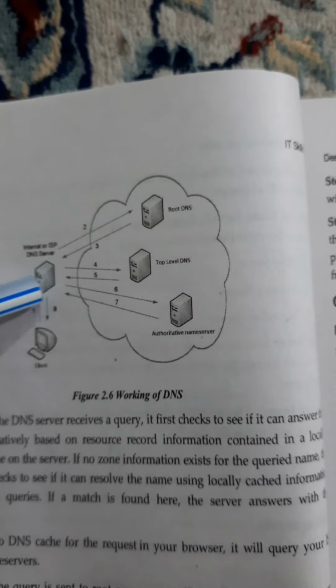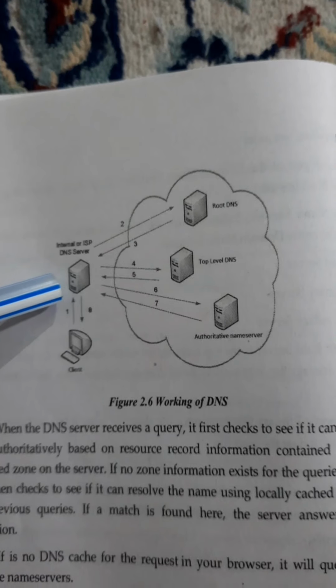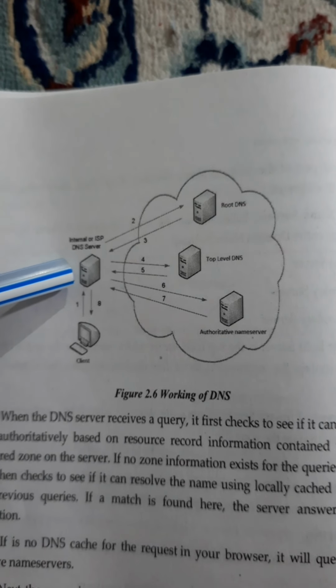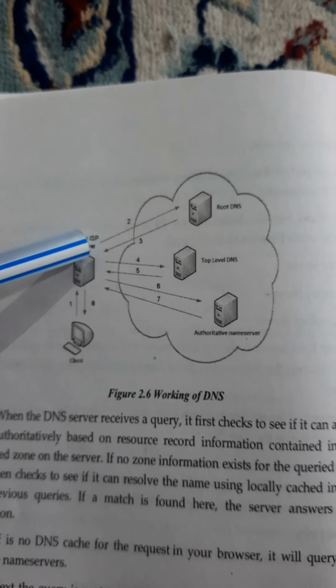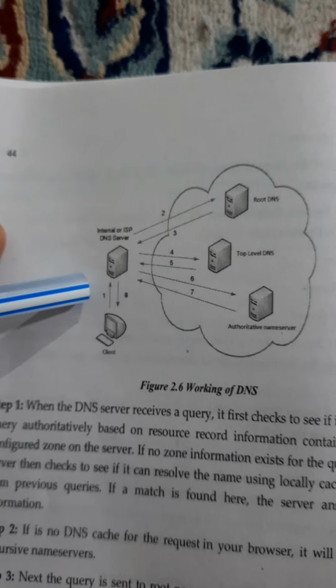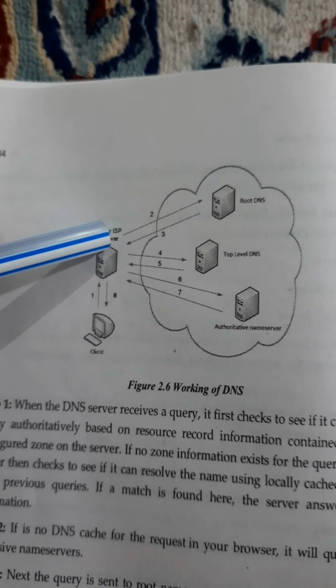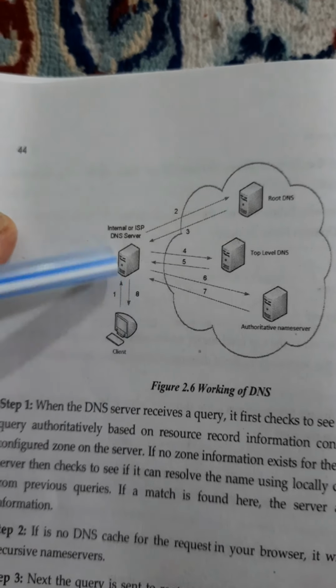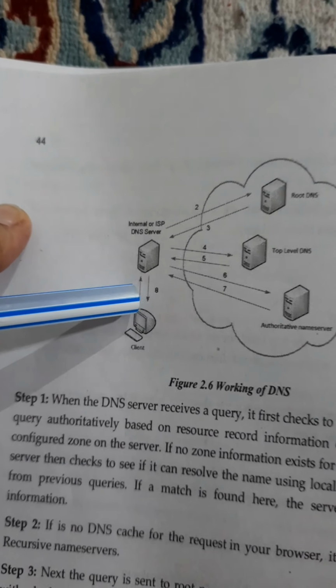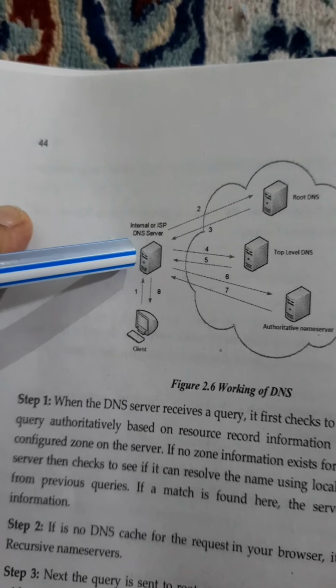So see, here we are not fetching the data. Web servers will have the software and other data, and we are not fetching that. We just want a domain name like amazon.com to be resolved into its IP address, so only that process is happening here. This is your computer client. You send a request to the domain name server.